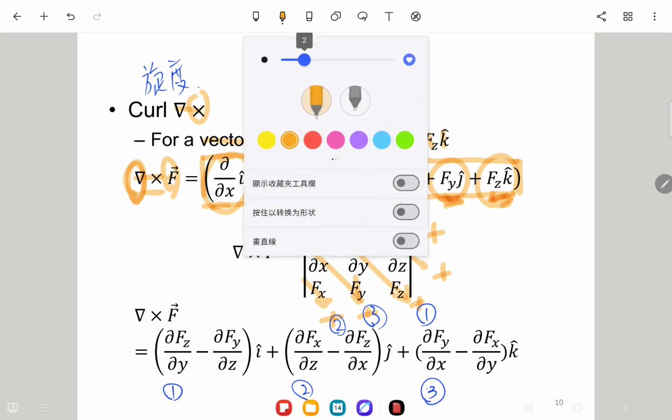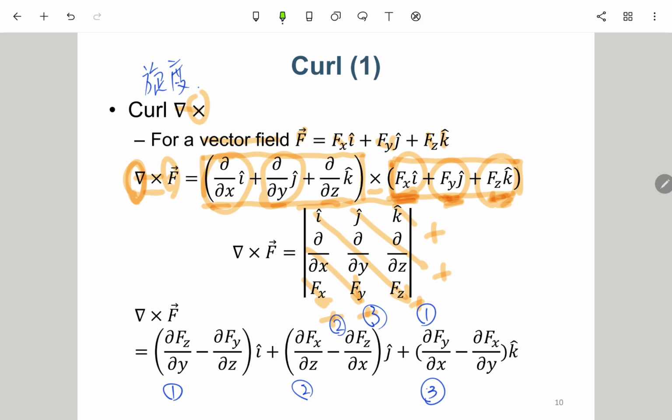And then let me change to another color. Let's make it green. Here we try to draw 3 lines also, this one, and also this one. All of them are negative. So here we have k partial y and then fx. This will be that one, but with a negative sign. So this is the fourth one.